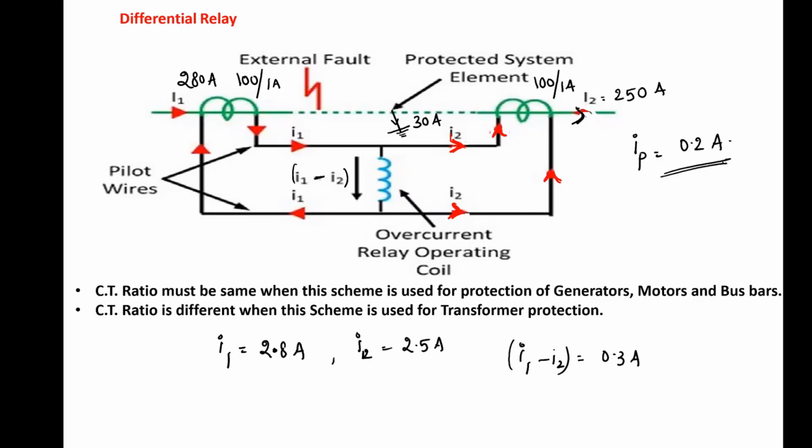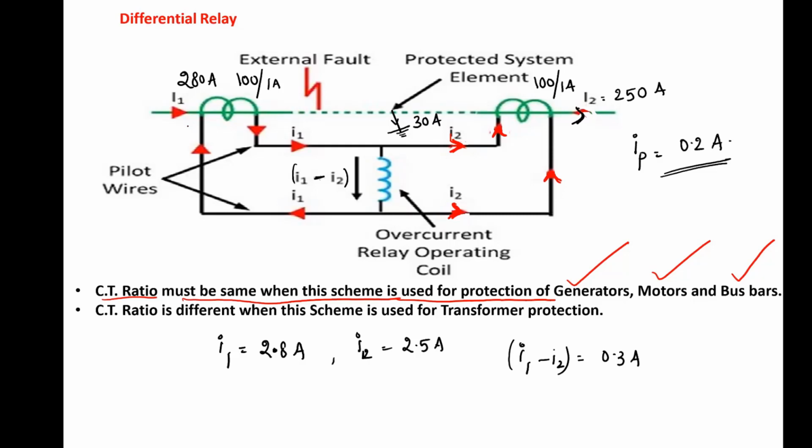The two more important points which you have to remember: the CT ratio on either side must be the same when the current differential scheme is used for protection of generators, motors and bus bars. Not only the CT ratios, the CTs should be exactly identical.